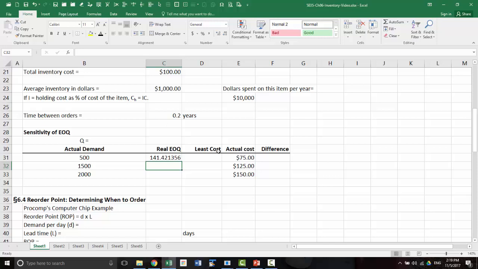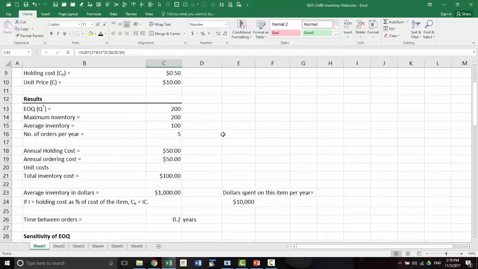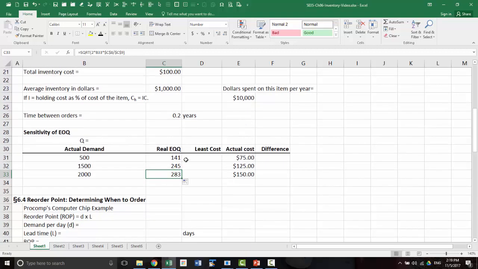So that would have been our real EOQ. So copy. These would have been the best EOQs, but we simply ordered at the rate of 200 because we assumed 1,000 would be the demand. So now what would be the least cost?